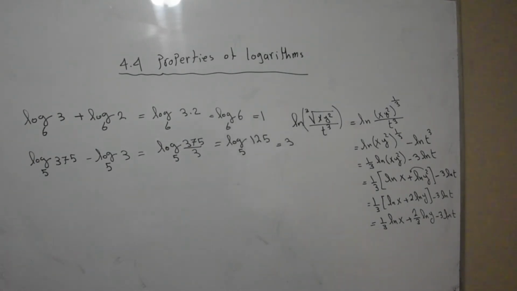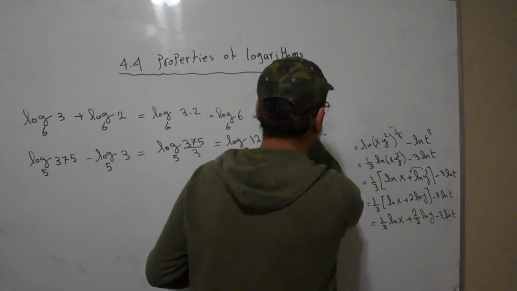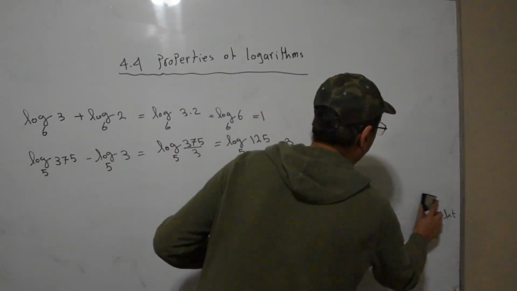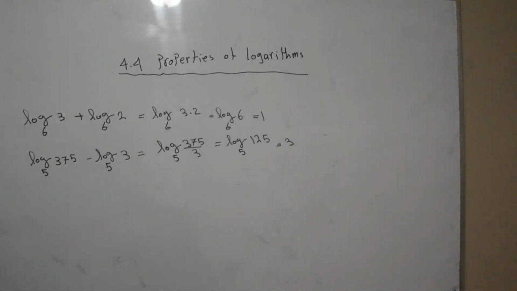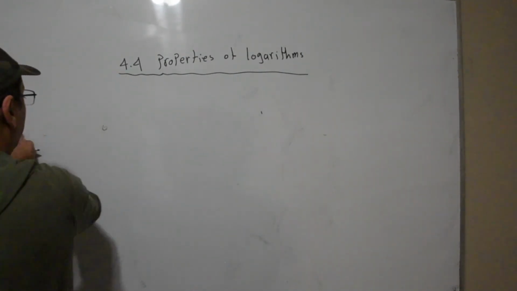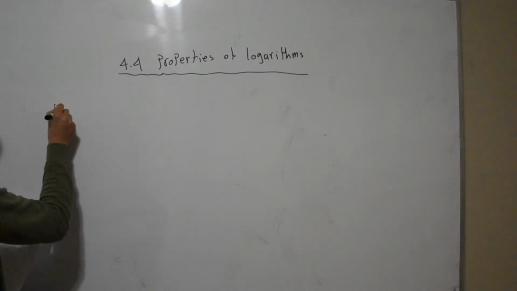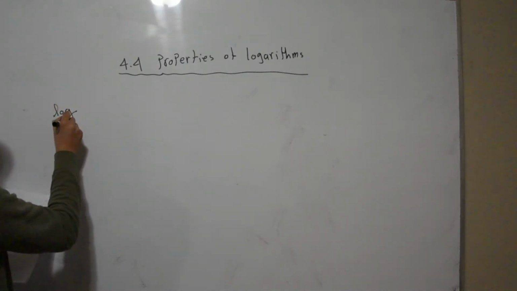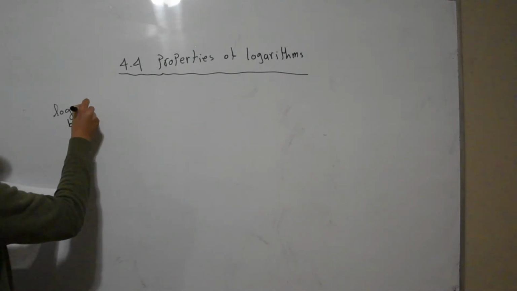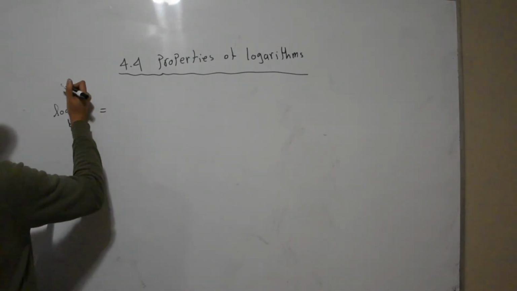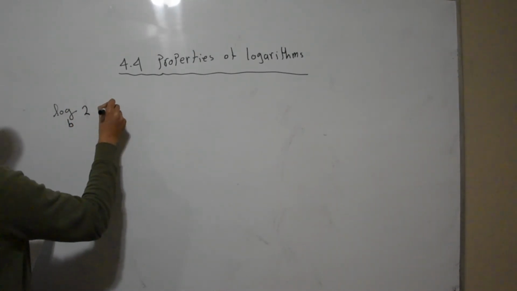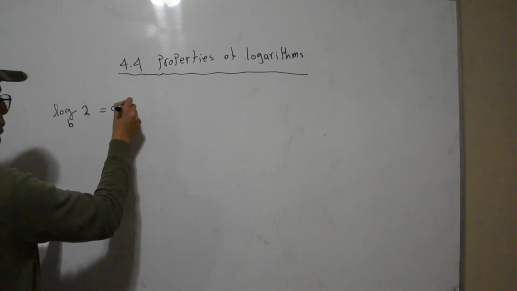Let's get another kind of problem before going to the change rule. So now, I'm going to give you something different here. I'm giving you that log base b of 2 is 0.6.